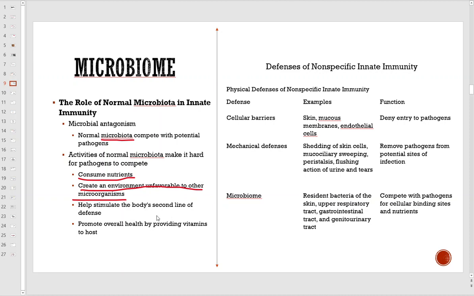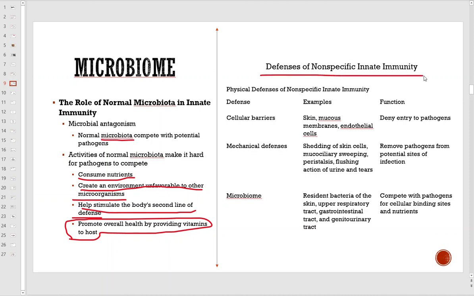Their very presence is also going to stimulate that second line of innate defense, the cells and the processes and the chemicals. And of course, some of these guys, the ones that line our colon, actually make vitamins for us. Some of the B vitamins and vitamin K, which we need to clot our blood.